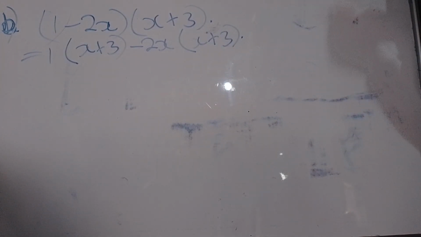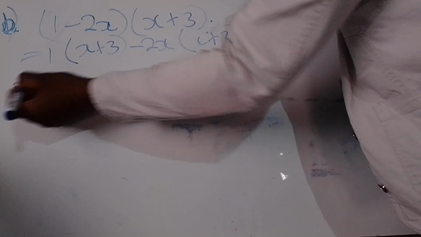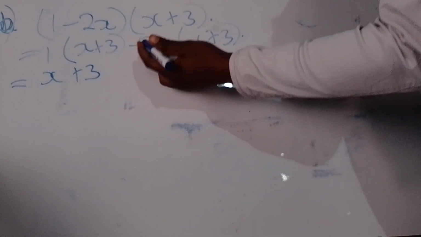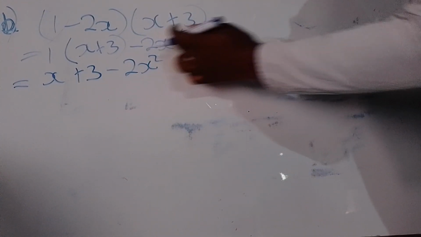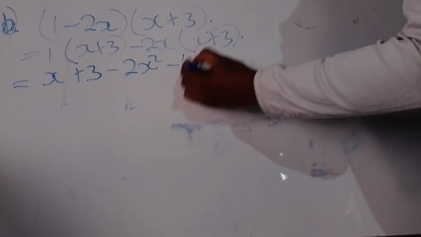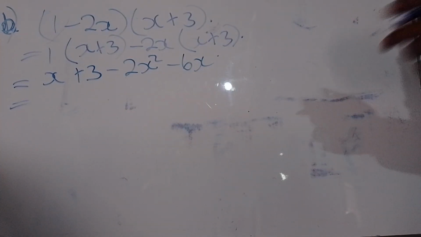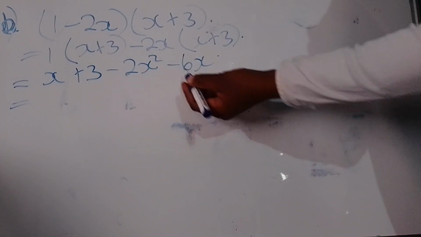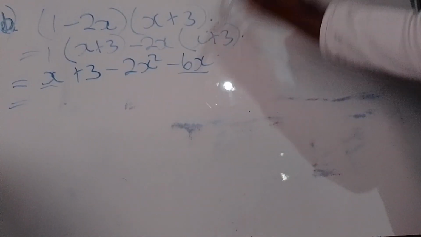Right, then we can now multiply: 1 by x is x, 1 by plus 3 is plus 3, minus 2x by x is minus 2x squared, minus 2x times plus 3 is minus 6x. Then we collect like terms there. We have terms in x, so they can simplify.